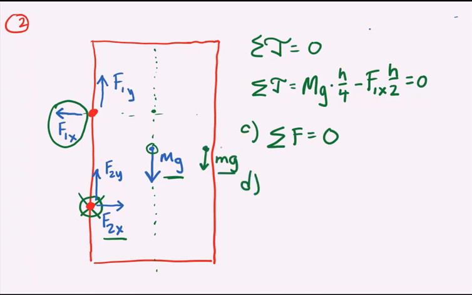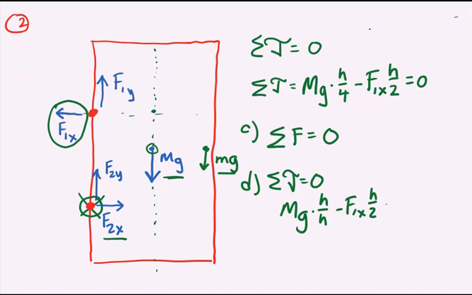Hey, for D, we have a bag hung all the way out on the doorknob. Okay, so we still have the same condition as in B, that our sum of torques has to equal 0, but in this case we have mg h over 4, and we'll call rotating clockwise the positive direction, minus F1x h over 2.